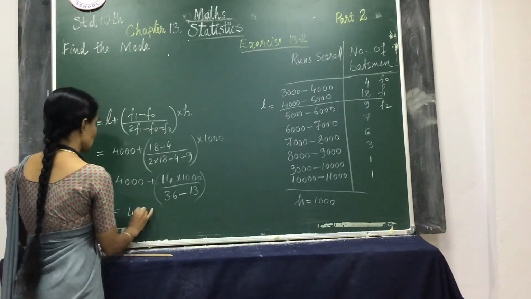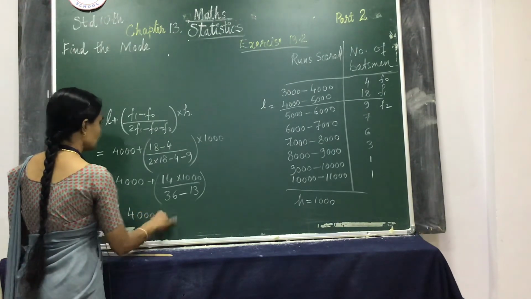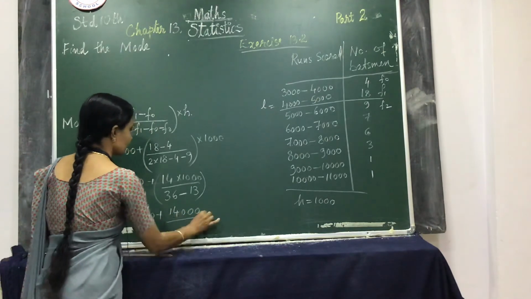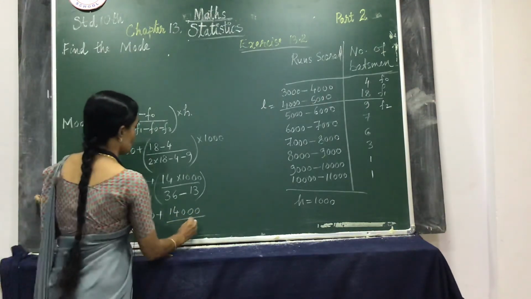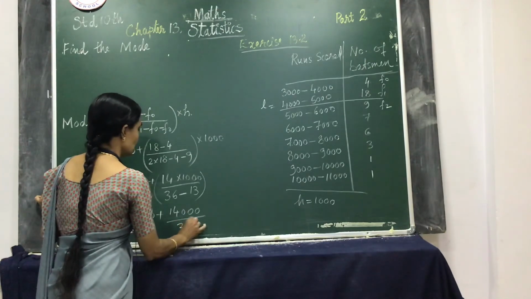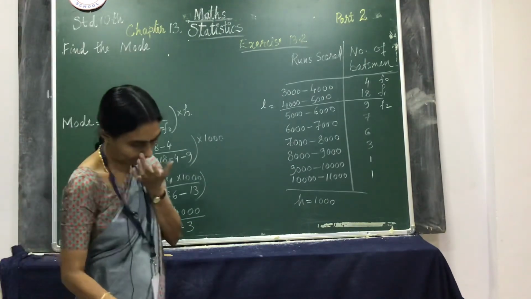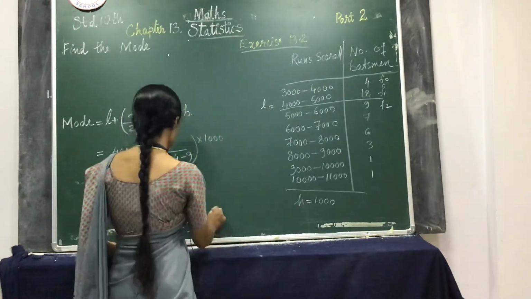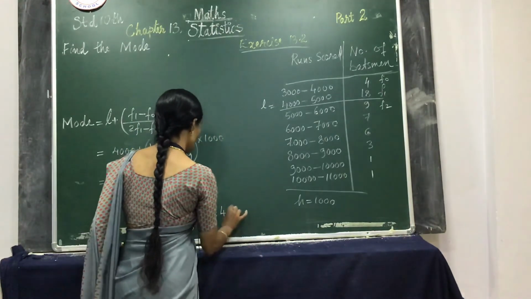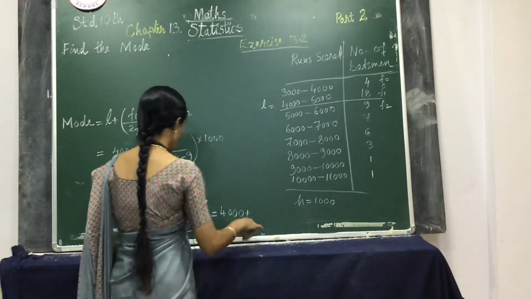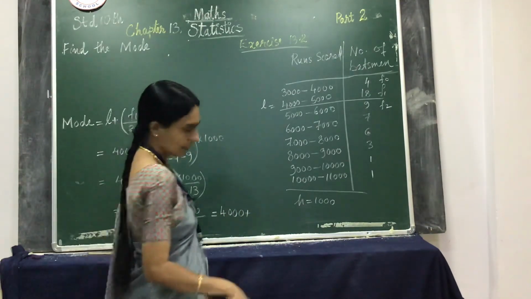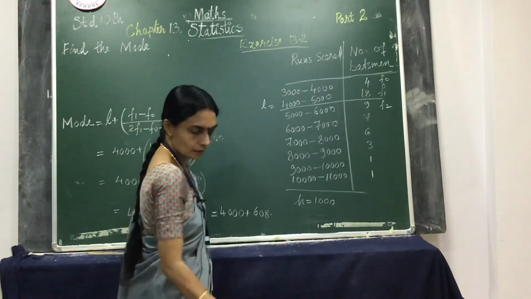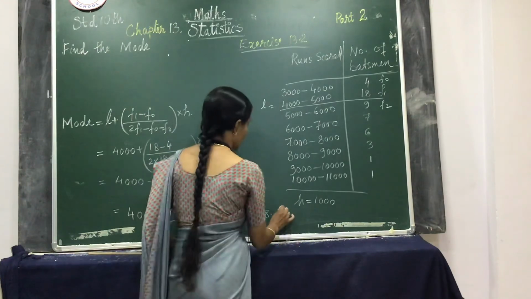That is 4000 plus 14,000 divided by 23. So here 4000 plus, dividing we will get 608.69.